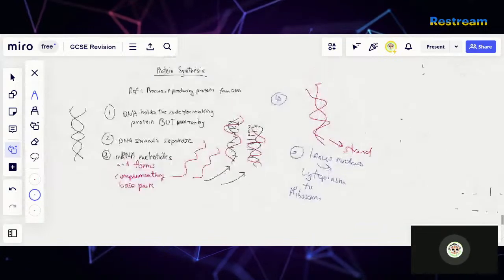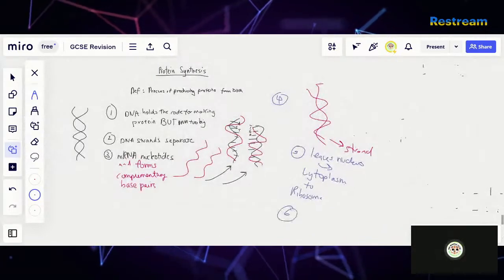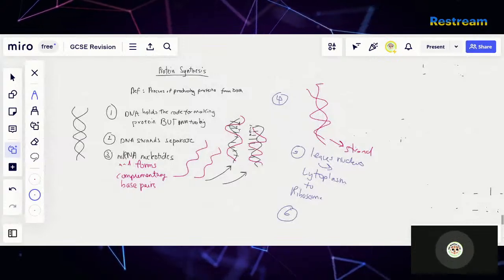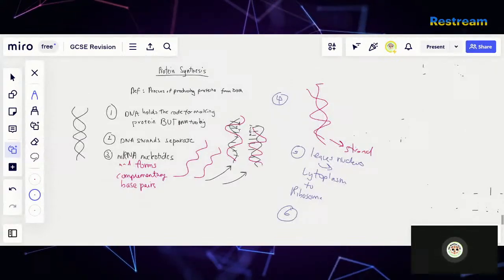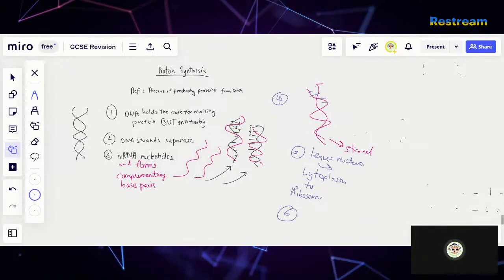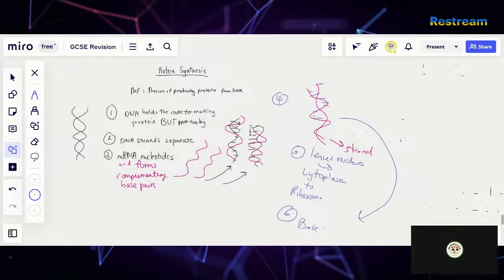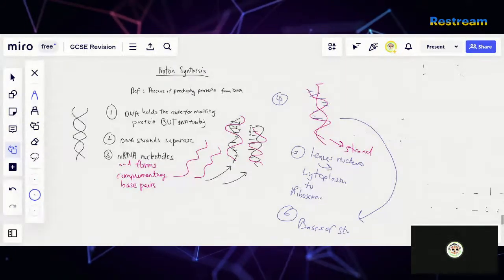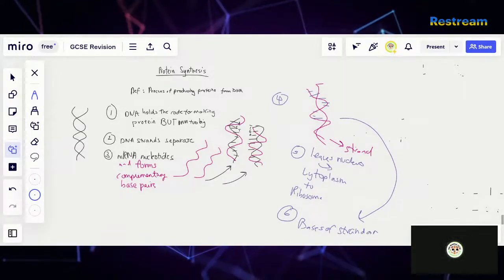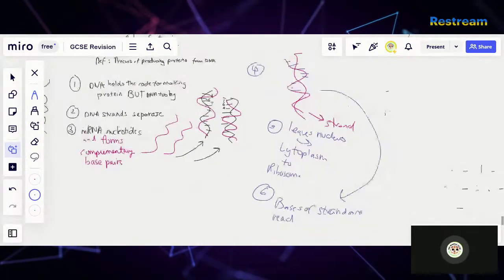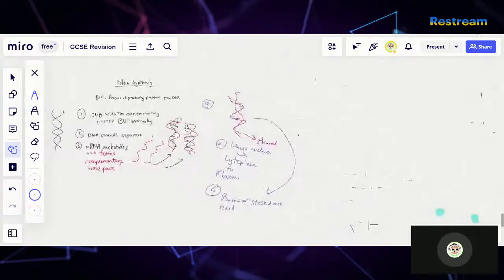Now, as it has traveled to the ribosome, what happens is the bases of the mRNA strand, so imagine these bases here, they are then red. So the bases of the strand are red.